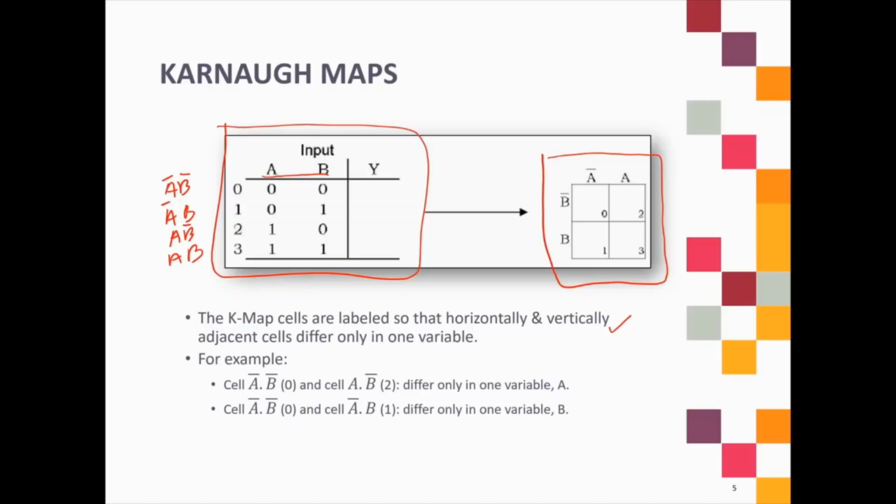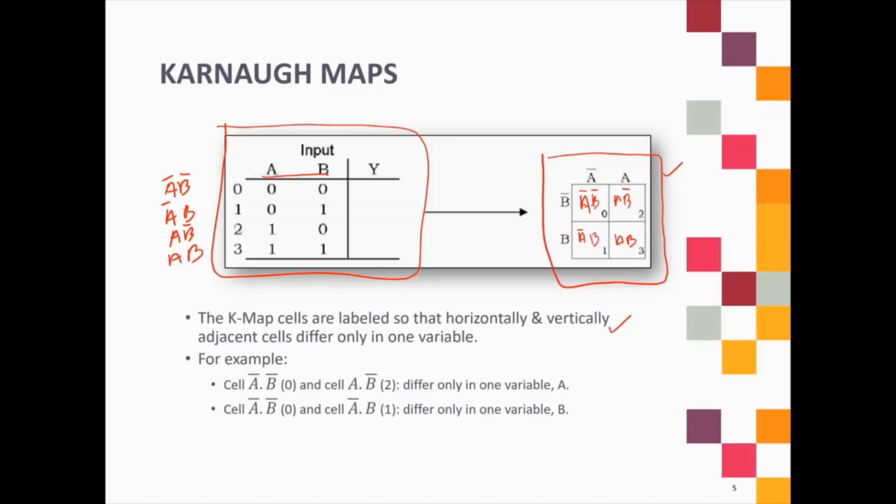If you refer to this K-map, the labeling on top is A bar and A, and on your left is B bar and B. Each cell will represent one product term. This is how you read the value inside your K-map. Here is A bar B bar, here is A, B bar, here is A bar and B, and then this is A, B. So you just read based on your variables.